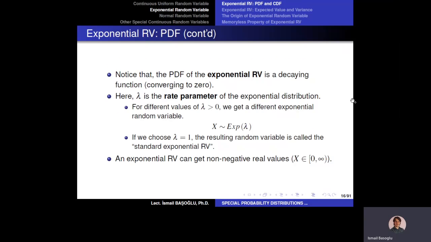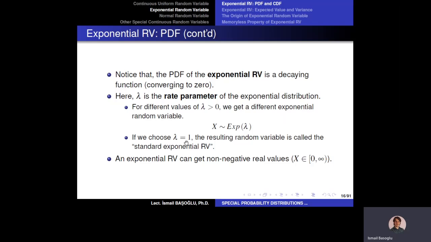And so let's repeat the properties of the exponential PDF. The PDF of the exponential random variable is a decaying function, which means it is converging to 0 as x goes to infinity. And lambda is the rate parameter of the exponential distribution. And for different values of lambda, as long as lambda is positive, we get a different exponential random variable.